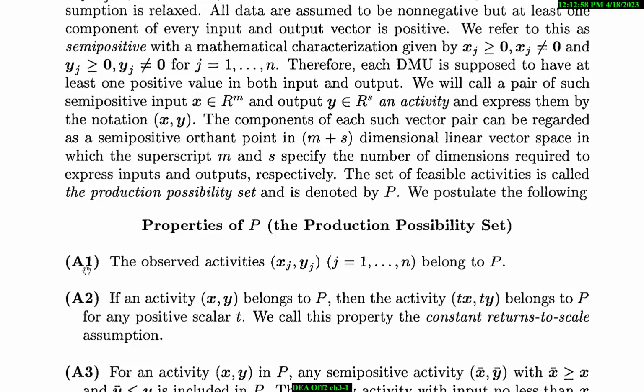The first one: the observed activities, xj and yj for all j from 1 to n, belong to P. So the production possibility set contains all the observed DMUs or activities.